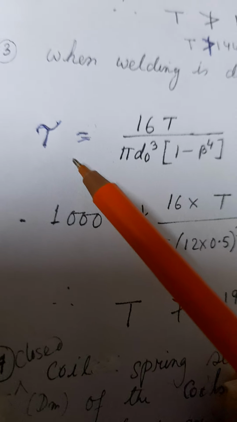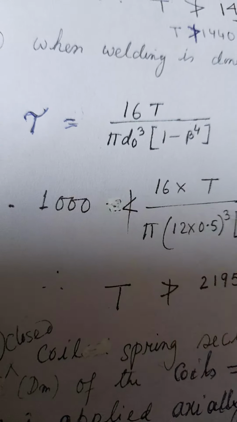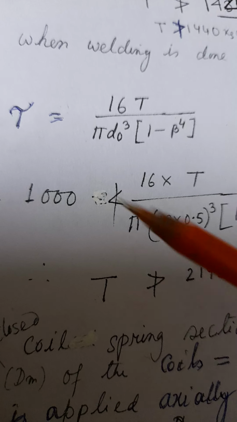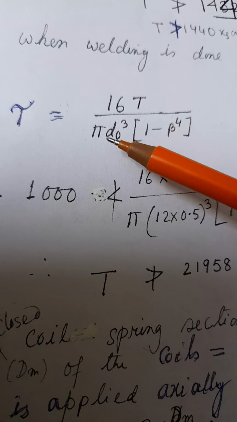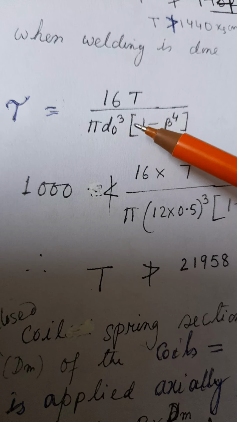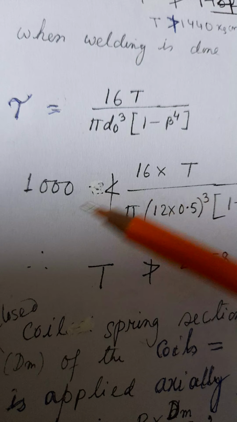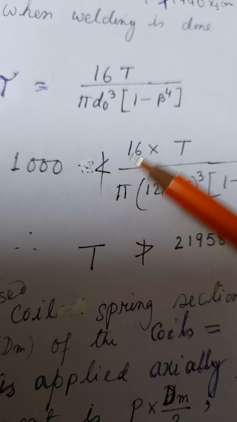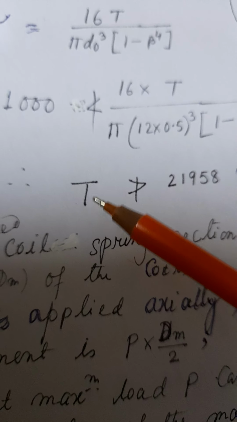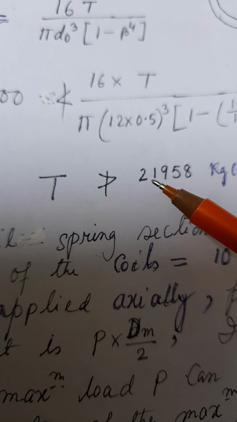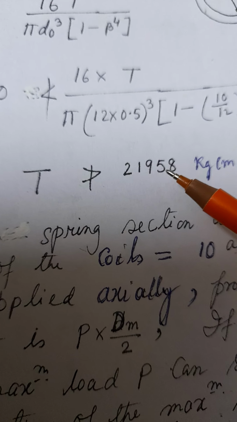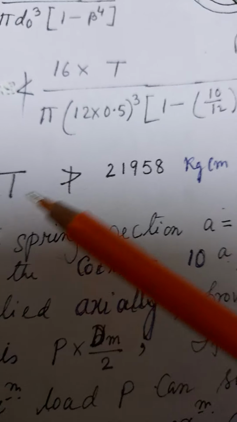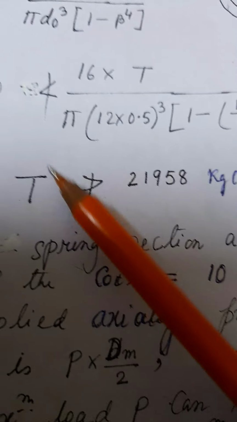This formula is well known: T is 16T by pi d naught cube into 1 minus beta to the power fourth. We have done this earlier. So this is less than or equal to this, so T not greater than 21958 kg centimeter. So you understand how much it has increased.